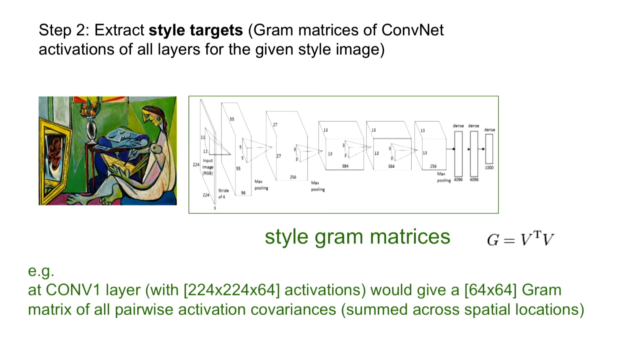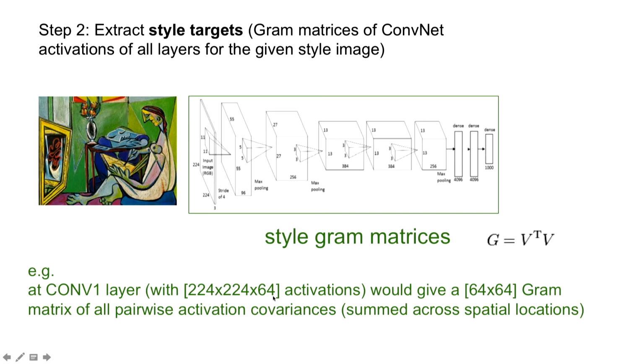The gram matrices are the second-order statistics, or gramians, of the pairwise activations across the different feature dimensions, not across the spatial dimensions. So in other words, you sum across every spatial location the set of activations, say in conv1. Conv1 is 224 by 224 by 64.